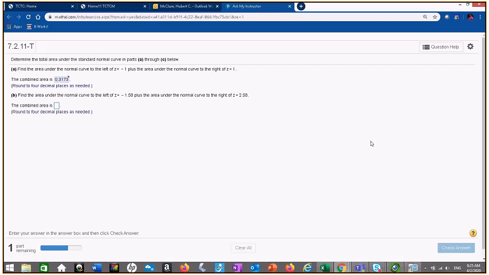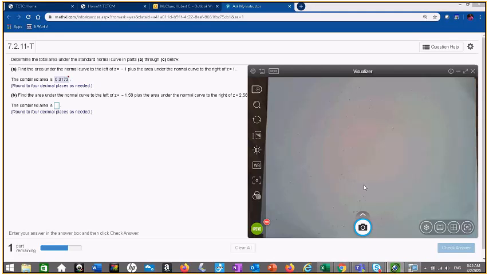Okay. Determine the total area under the standard normal curve. So that means when you see that standard normal curve, that's just like mean and standard deviation. And that means we're going to draw the curve.